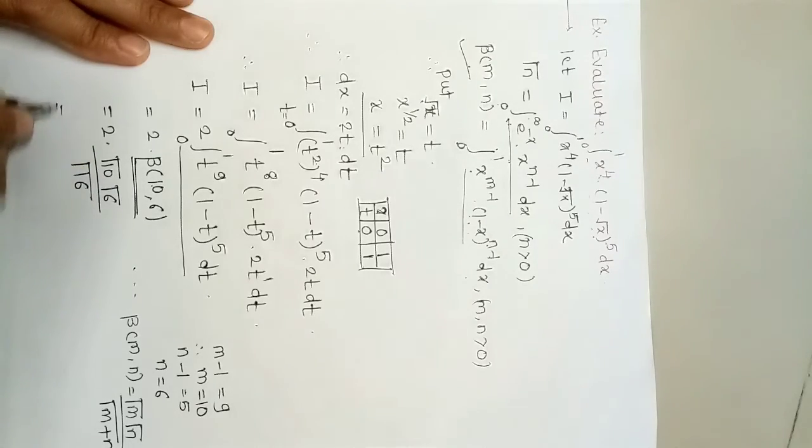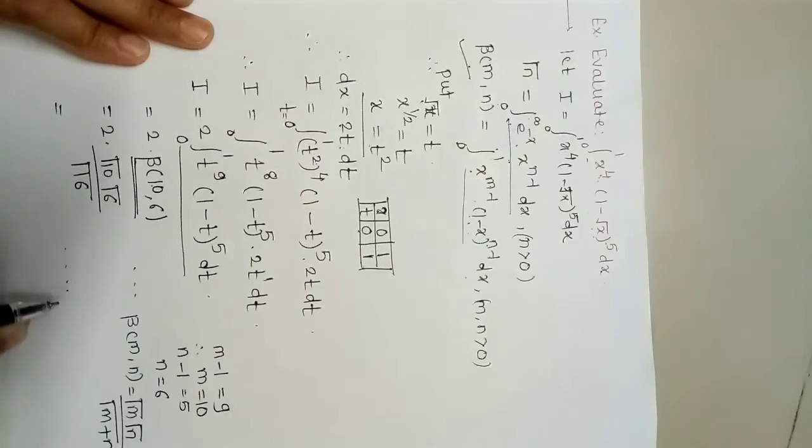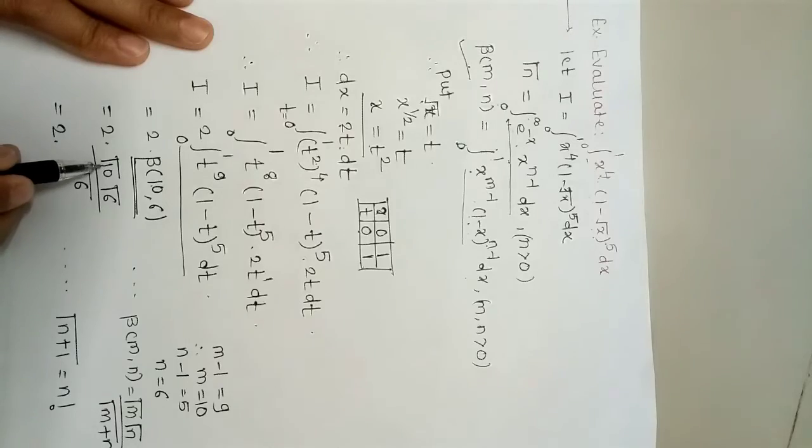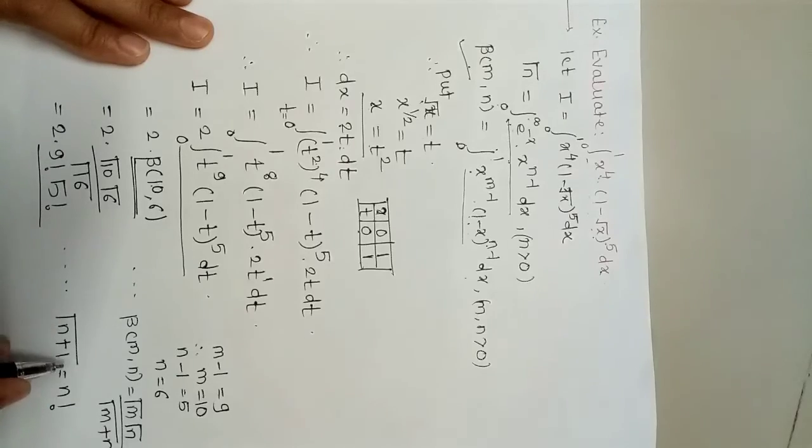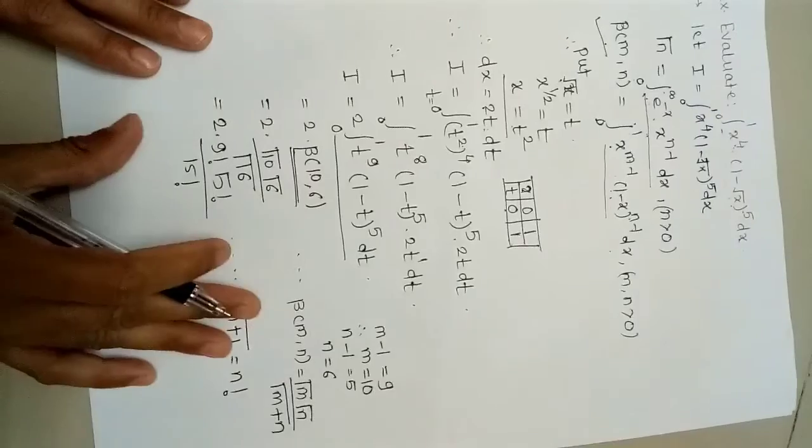And therefore, again we apply one more result, that is gamma function of n plus 1 is equal to n factorial. Therefore 2 into gamma function of 10, means 9 factorial, into gamma function of 6, means 5 factorial, divided by gamma function of 16, means 15 factorial, according to this result.